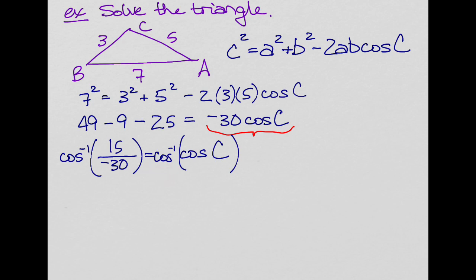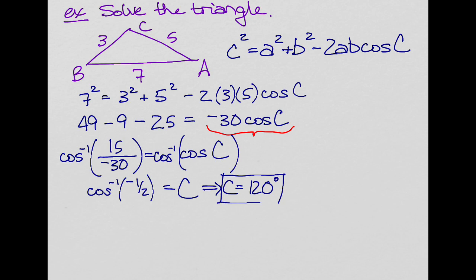So the arc cosine of the cosine of C will just be C, like I want. So I have the arc cosine of negative a half is C. Oh, I know that one. That's a unit circle one. That's pi over 3 in quadrant 2. But we're in degrees because it's the law of cosines. So 120 degrees for the measure of angle C.